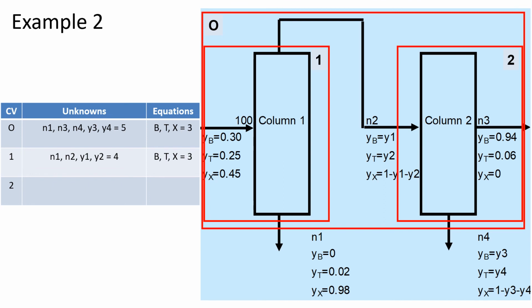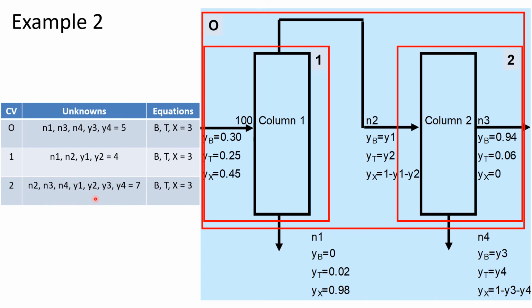Let's look at the final choice that we have for a control volume, the control volume around column 2. If you look at that control volume and count the unknowns, we have N2, N3, and N4, the flow rates of all the streams that enter and leave that control volume.